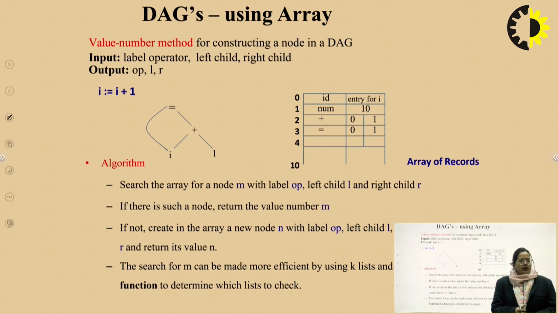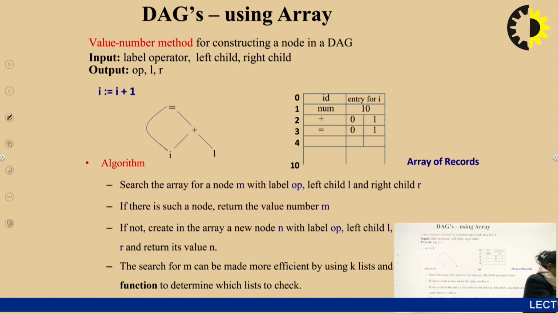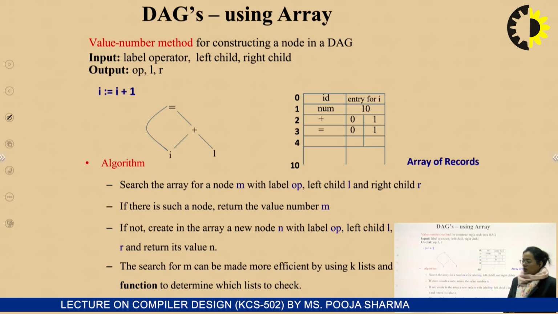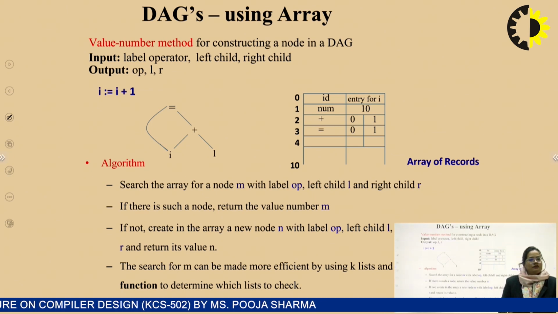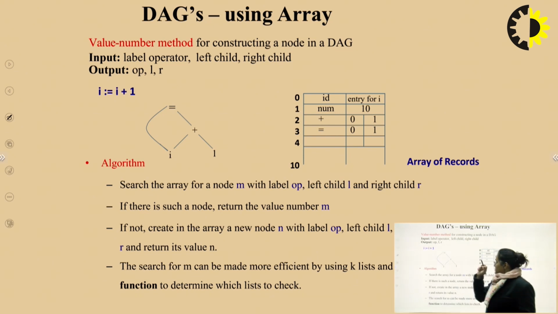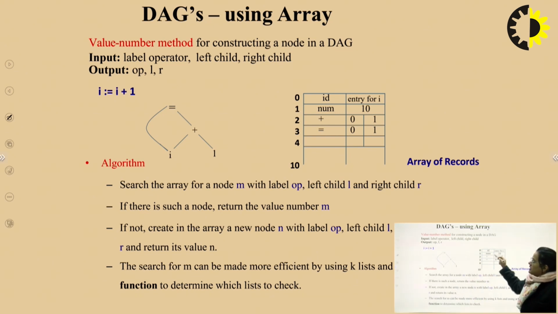Now, the DAG using an array. The value number method for constructing a node in a DAG: input is the label, operator, left child and right child; output is the operator, left child and right child. Suppose this is an example, i = i + 1, and this is the DAG for this example. Now this is the array representation of this particular statement.